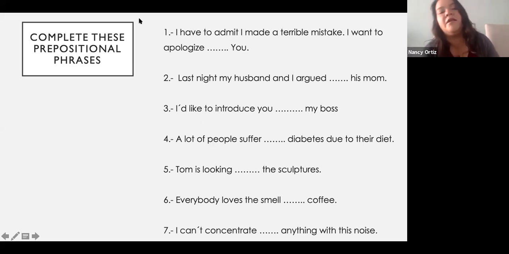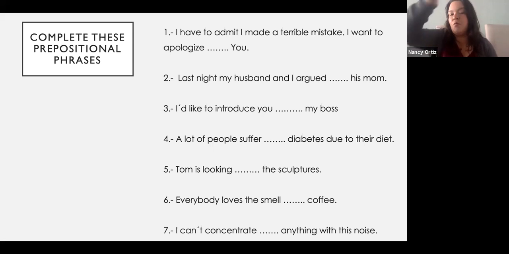Okay, Areli and the ones that just joined, we are working on an activity to practice the dependent prepositions we checked last class and the ones we covered today. It's a very simple activity. All you have to do is write on a piece of paper or in your notebook the numbers from 1 to 13. First, on the slide, you see the numbers 1 to 7.